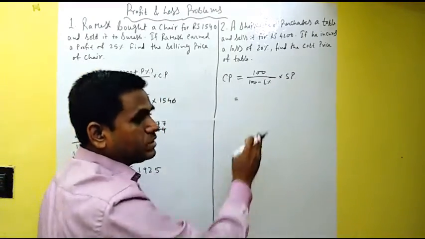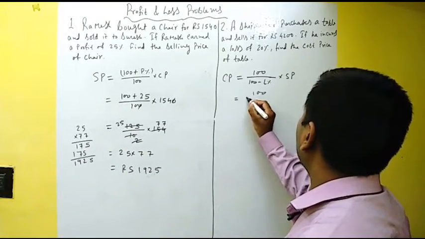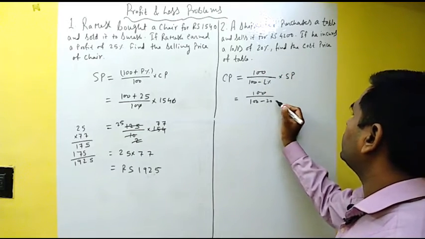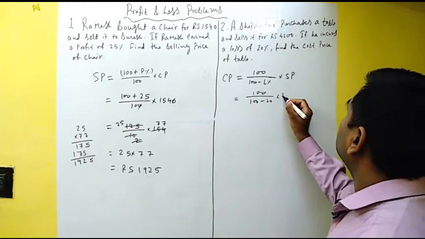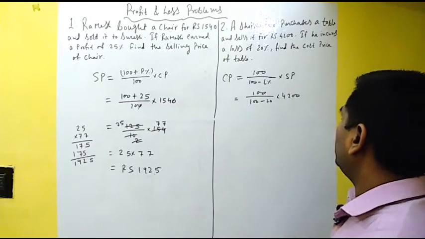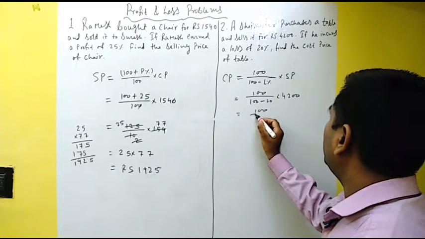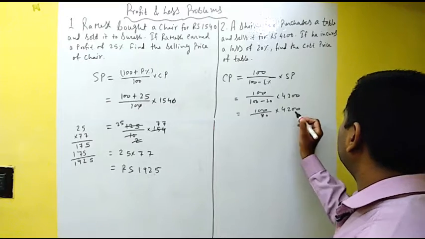So let's replace the values in this formula. We get 100 upon (100 minus 20), loss percentage being 20%, and selling price is 4200. So this will become 100 upon 80 into 4200.